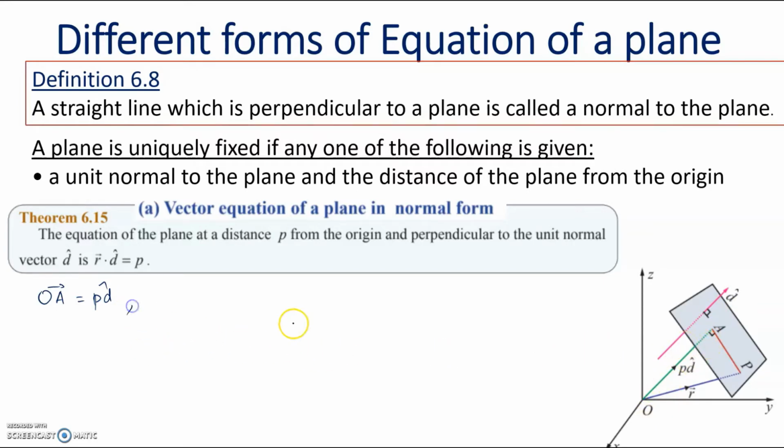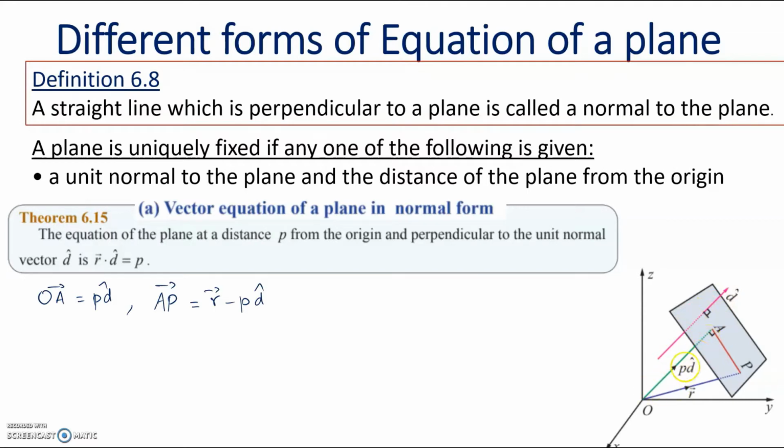Similarly, if you take any point P on the plane and define the vector OP as our r vector, then your AP vector can be defined as r vector minus p d cap, right? Now, we know that your vector AP is perpendicular to the vector p d cap, all right?